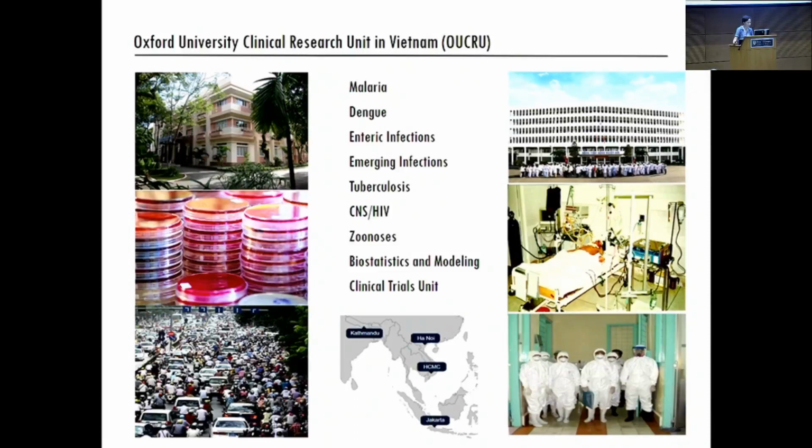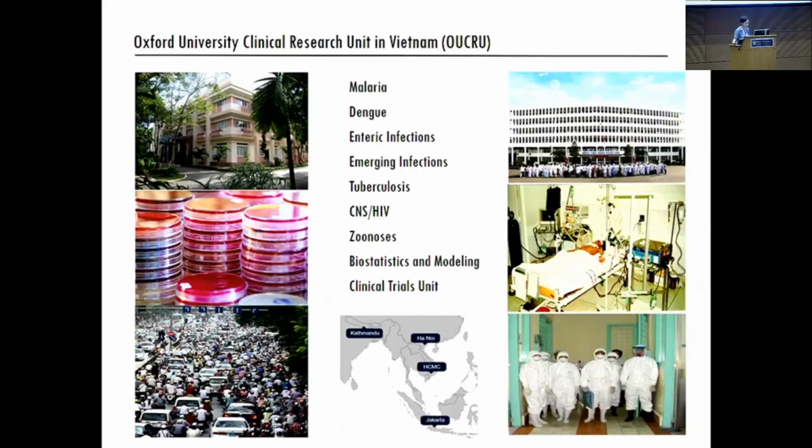The hospital is a 600-bed referral center for tropical infectious diseases in southern Vietnam, with a catchment population of 40 million people. So you can imagine that we do see all sorts of different tropical infections. Serious infection, and this hospital is also the place where we saw the first cases of SARS and H5N1, and other emerging infectious diseases.